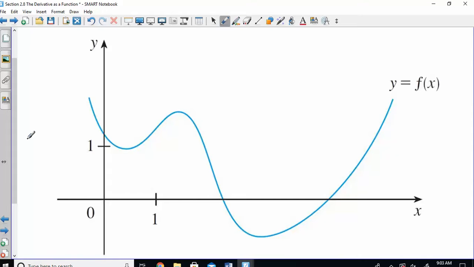So the derivative is the slope of the tangent line. So if I wanted to be exact, I would have to know the slope at every x value and plot those to get my y's. But let's look for easy values. Right here. What would the tangent line look like?